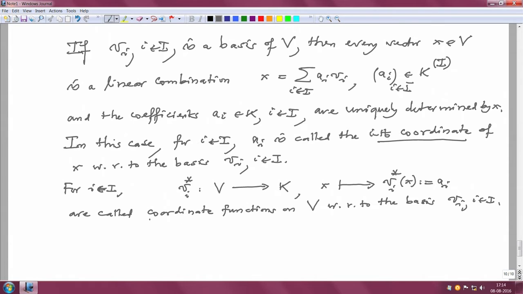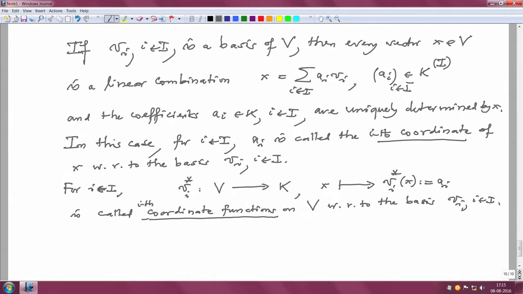This is only one for each i, called the ith coordinate function. So we have as many coordinate functions as there are basis elements.